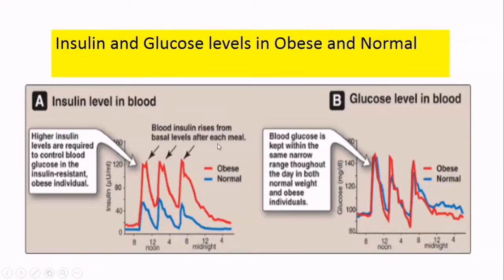Whereas if you see the insulin levels, higher insulin levels are required to achieve the same control as normal people's blood glucose. The red graph is showing higher values of insulin to maintain the same normoglycemia.